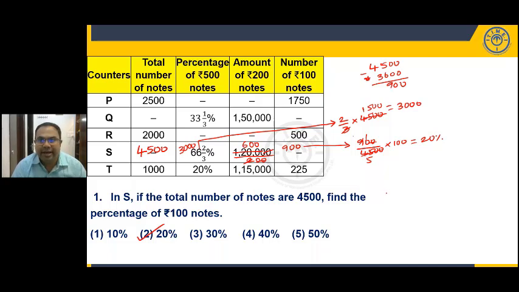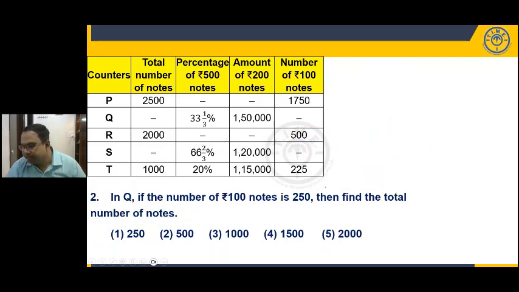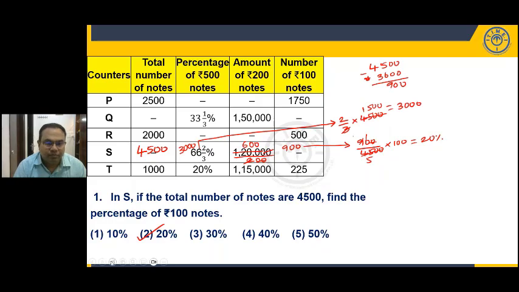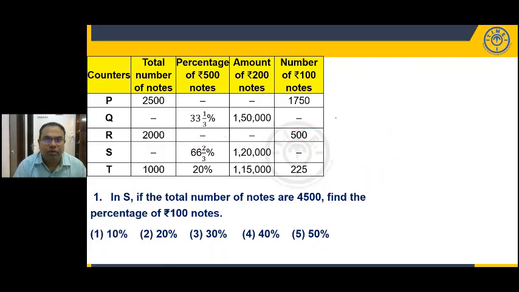So, the second method would be, just here, students. One second. Now, 66 2 by 3% are 500 rupee notes. You got how many 200 rupee notes? 600. 600 out of 4,500.